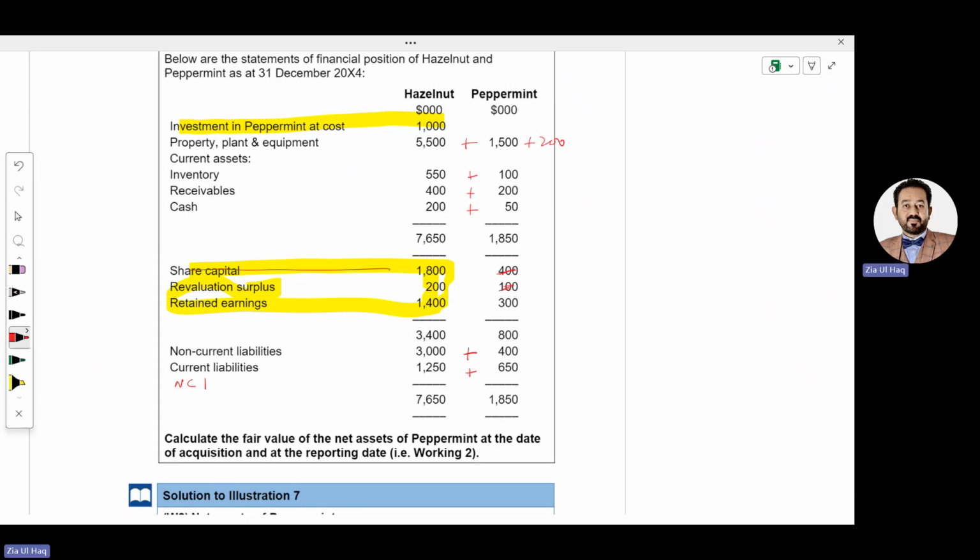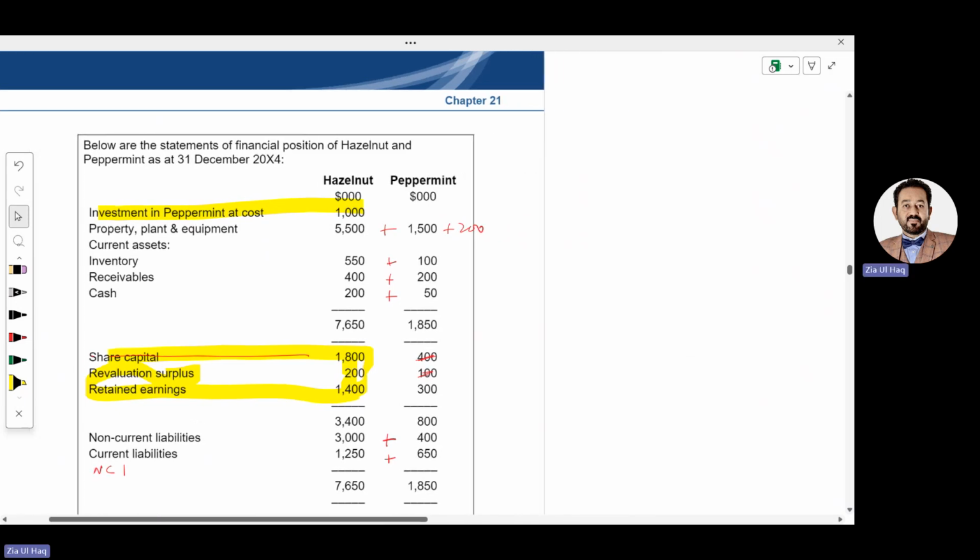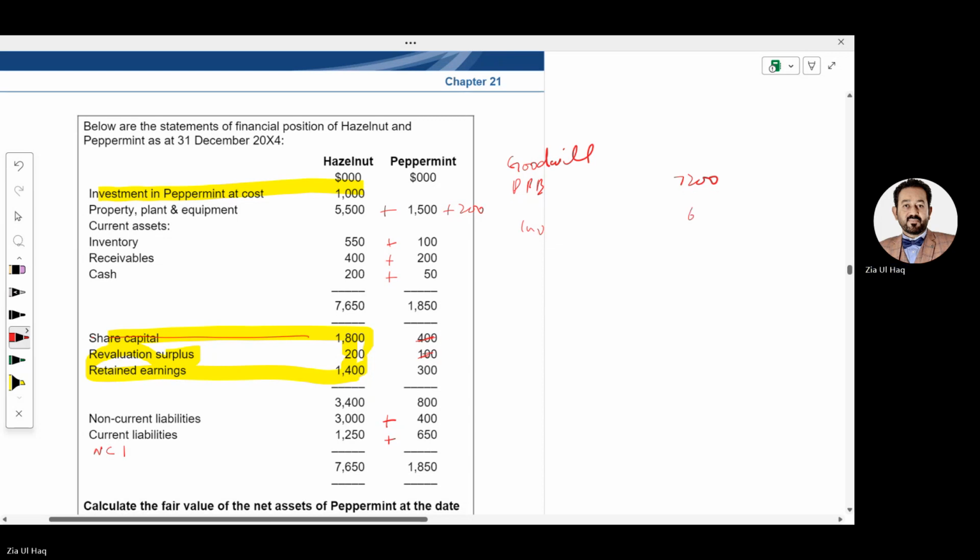Calculate the fair value of net assets of Peppermint at the date of acquisition and at the reporting date, as we are going to prepare consolidated financial statements. For consolidated financial statements, we need to calculate goodwill first. For property, plant and equipment, we have the figures 5,500 plus 1,500, giving 7,200. For inventory, 650. For receivables, 600.